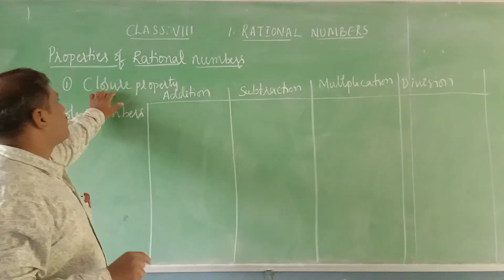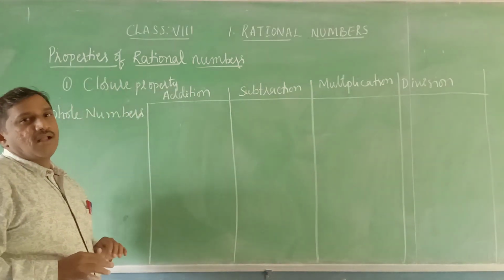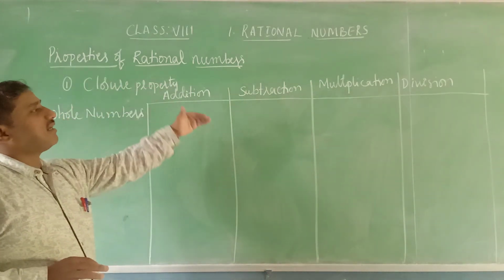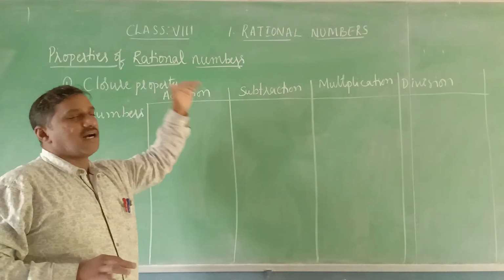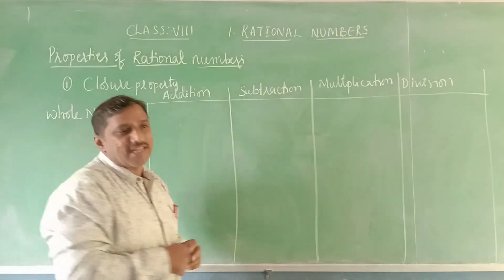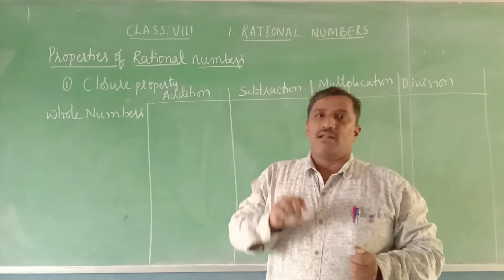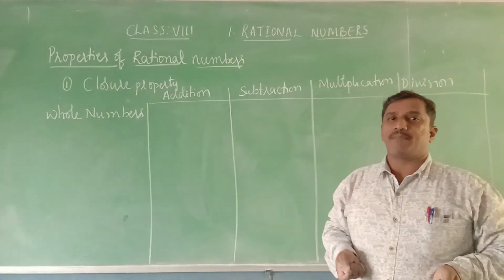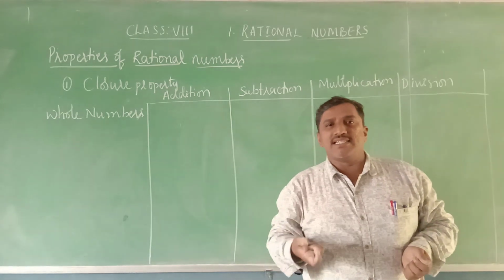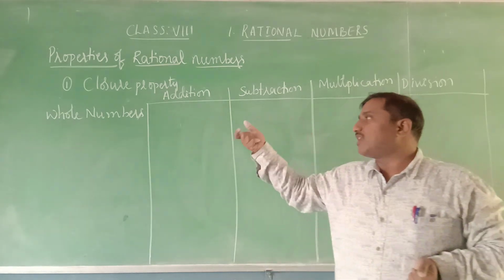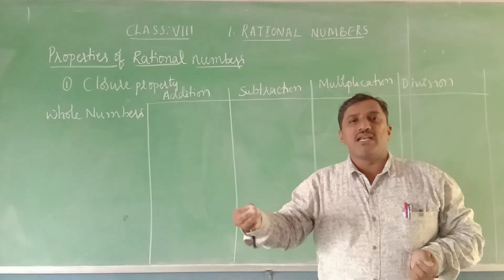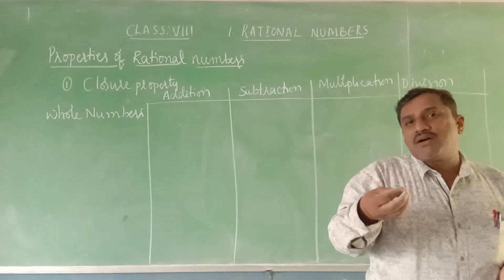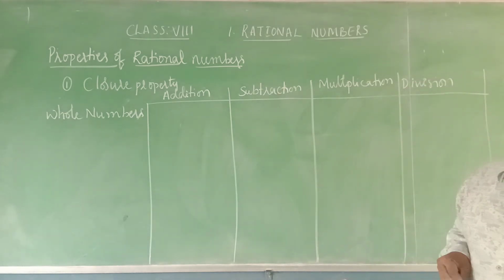Under 4 arithmetic operations, we will discuss with one example each whether the property is satisfied or not. So what is the closure property statement? Under addition, subtraction, multiplication and division, we have the same statement. If it is addition, the sum of 2 whole numbers is also a whole number. For integers, the sum of 2 integers is also an integer. Similarly, for rational numbers, the sum of 2 rational numbers is also a rational number.